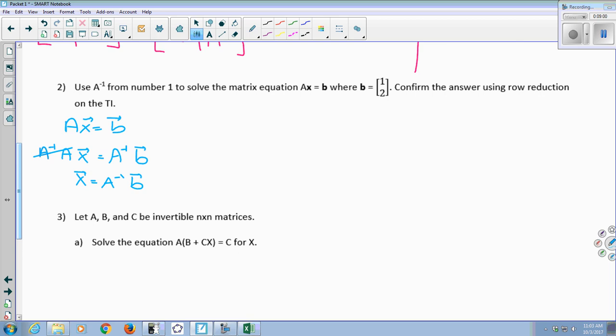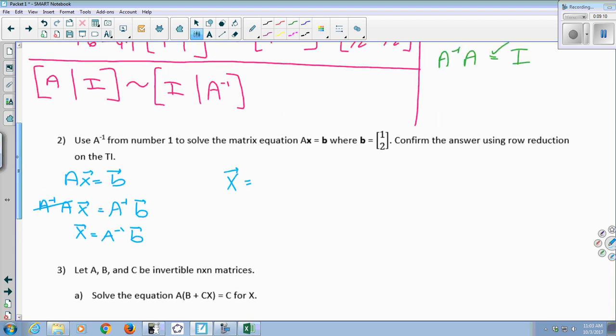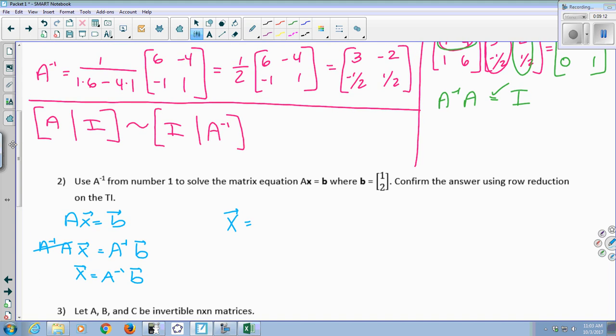So if I'm trying to solve Ax equals b, where b is [1; 2], then x is A inverse, which I calculated to be [3, -2; -1/2, 1/2], multiplied by b, [1; 2].